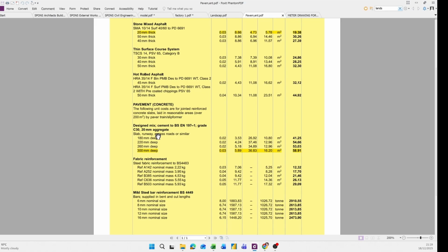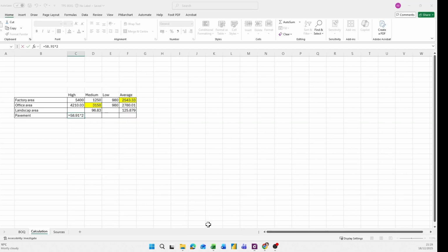We don't know what type of pavement it would be, maybe asphalt or concrete, and I think it would be 300 deep concrete. Maybe it will change, but it doesn't include any excavation and excavated material disposal. So that's why I keep the original price and I doubled it, because it does not include the disposal and excavation of the soil.